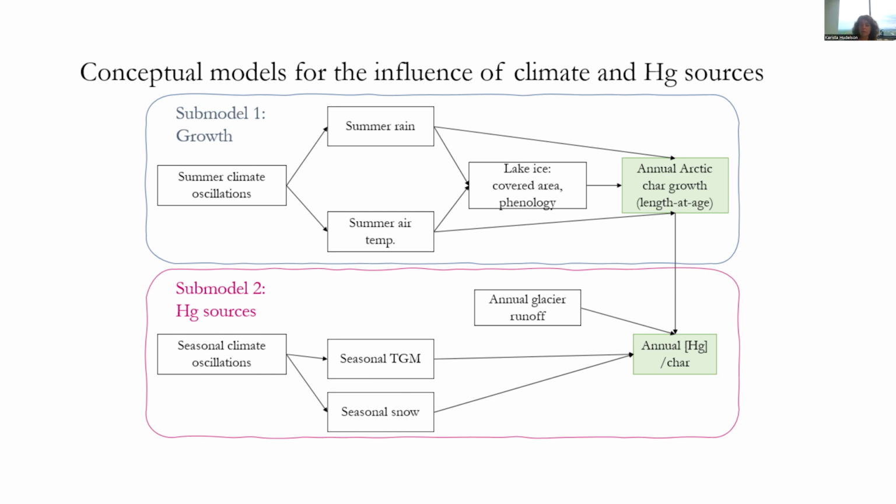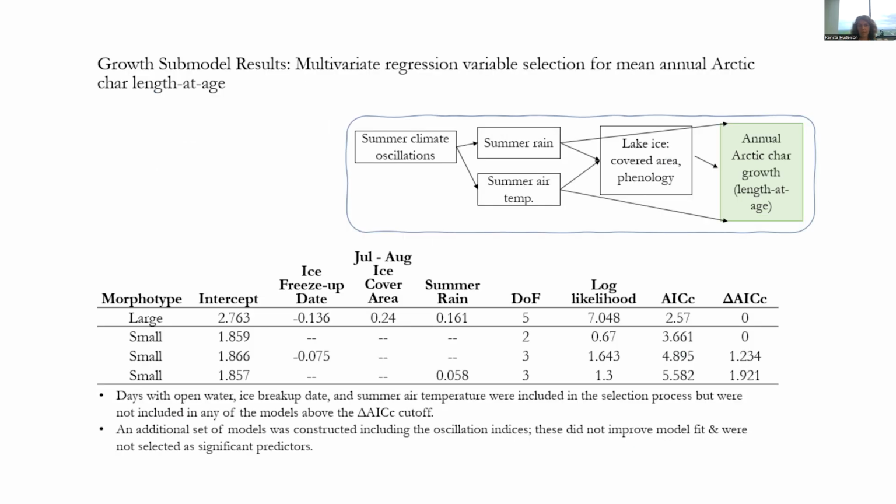Also, we know that snow can contribute to mercury levels in lakes, so we looked at that to see if that was a potential source for the mercury in the Arctic char. And then we did the stepwise approach again, where we added in the oscillations in a second run of the model selection process.